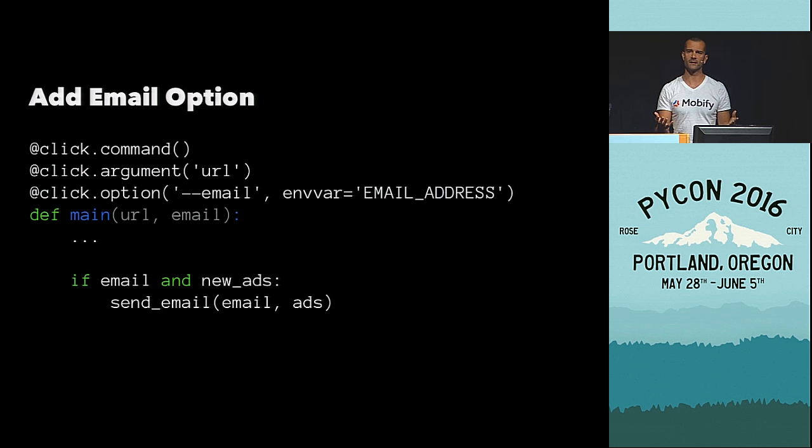We specify what the name is of that option, and that option gets validated. If it's there, it'll get passed in as email into the function, and if it's not there, it'll be None. And there's also a nifty little feature for twelve-factorizing little tools that you run on a server or something like that. You can actually not specify it and let Click pull it out of an environment variable if that's the kind of thing that you want to do.